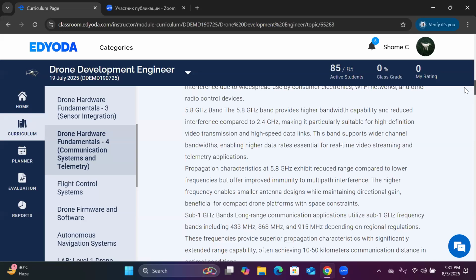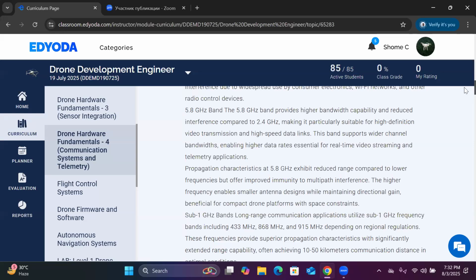Now, if we talk about how the signal will propagate, on one side we have the transmitter and on the other side we have the receiver. For the transmitter, we need to connect the transmitting antenna. For the receiver, we need to connect the receiving antenna. Now, when we are communicating the signal or having the linking at the 2.4 gigahertz frequency band, the antenna accordingly needs to be selected based on the 2.4 gigahertz frequency band.